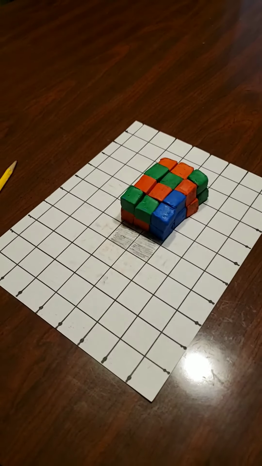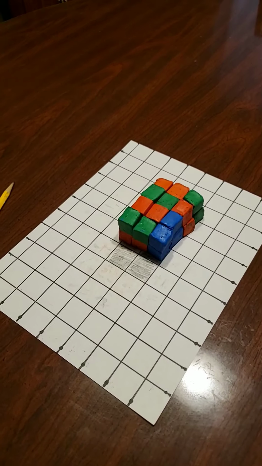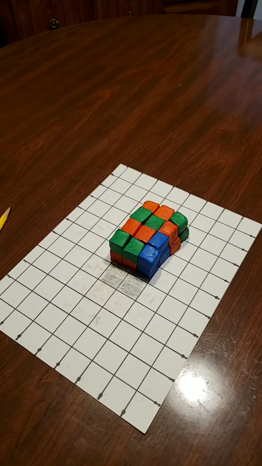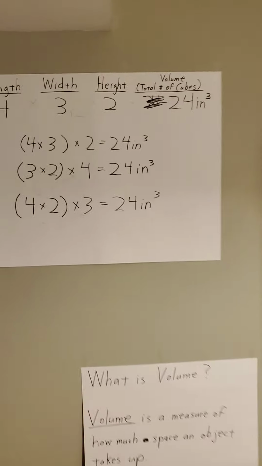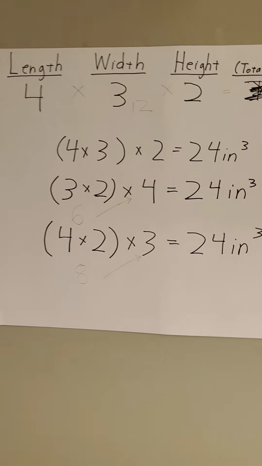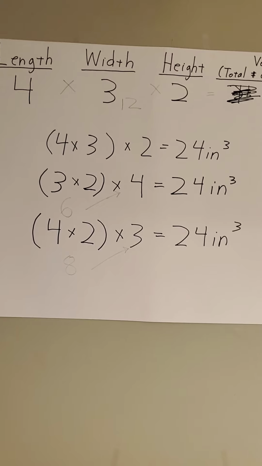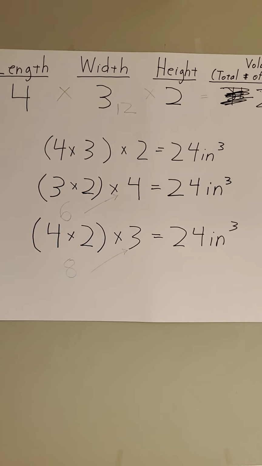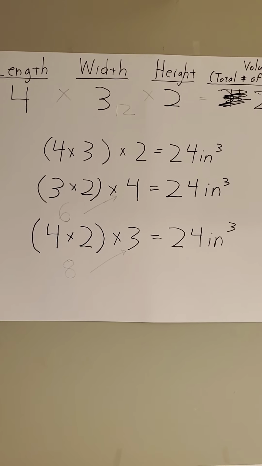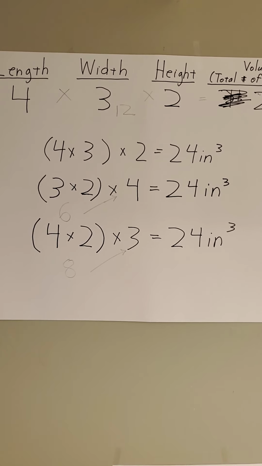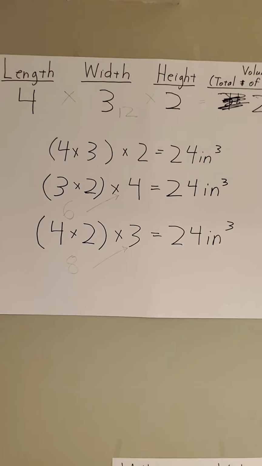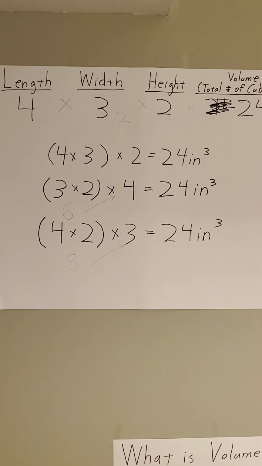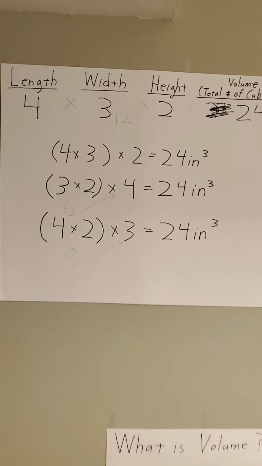And with this rectangular prism, at the moment, there are 3 ways I can split these into equal parts to still represent a volume of 24. 4 times 3 times 2 equals 24 cubic inches. 3 times 2 times 4 equals 24 cubic inches. Or 4 times 2 times 3 equals 24 cubic inches. Maybe you have found some other ways that you can represent this.